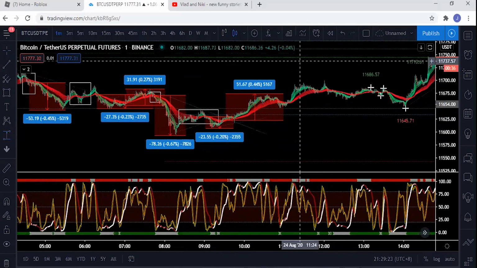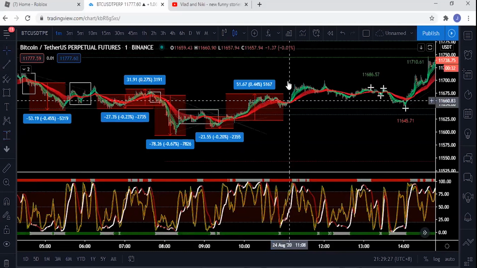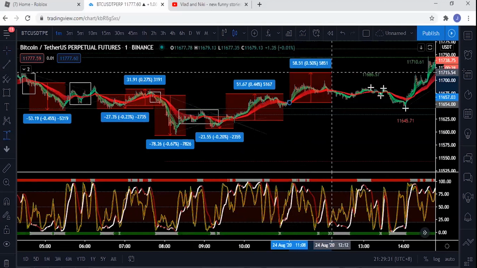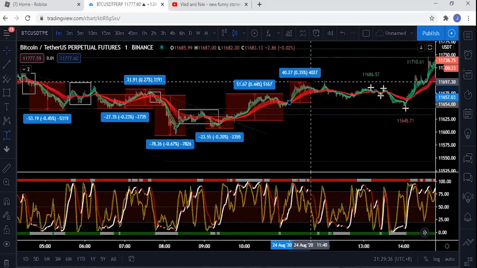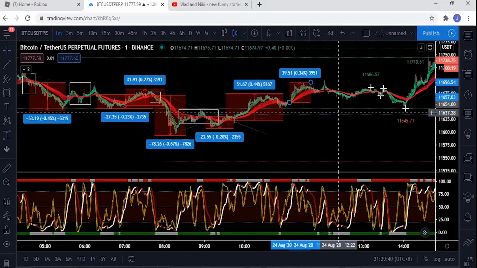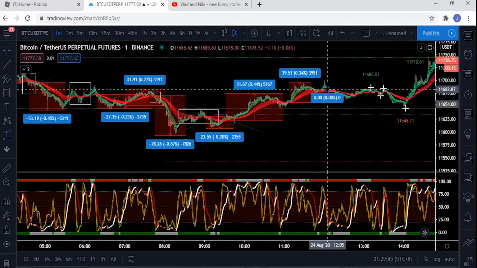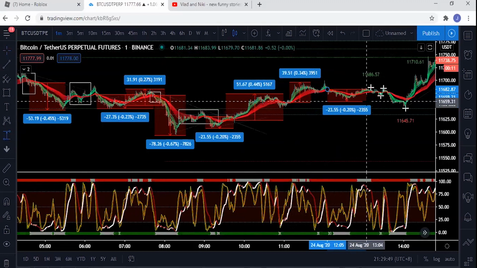And then next, find another crossover here. Okay, entry here, exit here. This one in our overbought area. So that is 34%. And then find another crossover. Okay, here. And then exit here in our oversold.